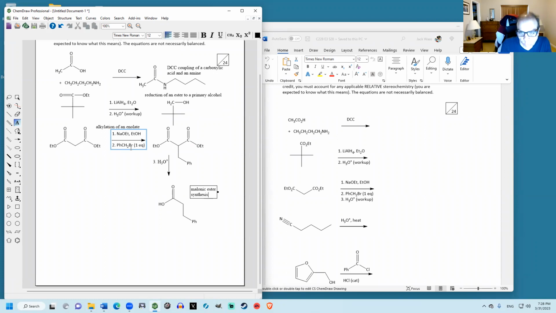It said workup. That means not a full reaction. That means we just add enough H3O plus, real carefully, just to neutralize everything. We're not heating it. We're not hitting it hard enough to hydrolyze the esters. So without H3O plus, you just alkylate. With H3O plus, you do all the other stuff.